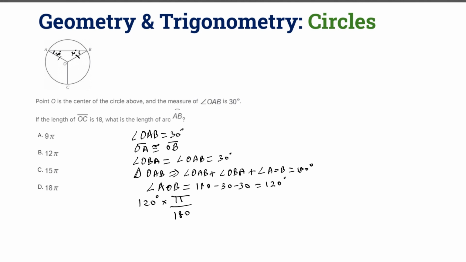Okay. And so 60 is the common factor between 120 and 180. And this becomes 3 and this becomes 2. So the angle in radians is 2 pi over 3.